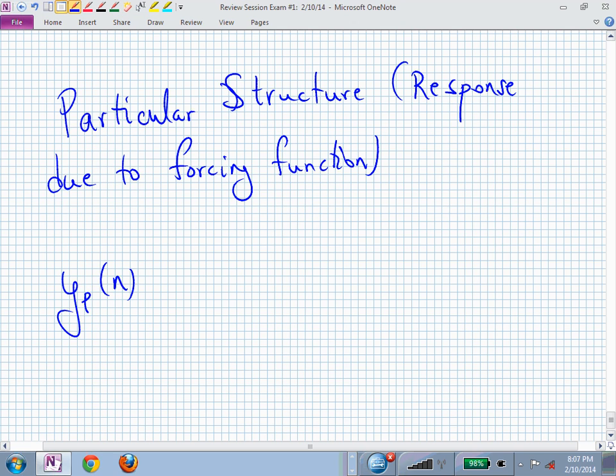It's going to look exactly like the forcing function, isn't it? Except now it could be shifted, so I have the cosine and the sine piece.